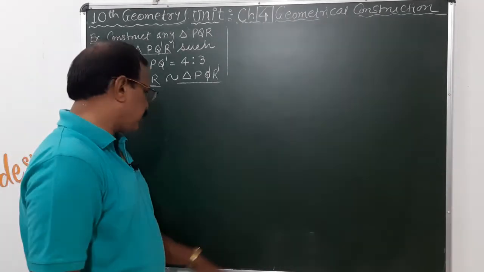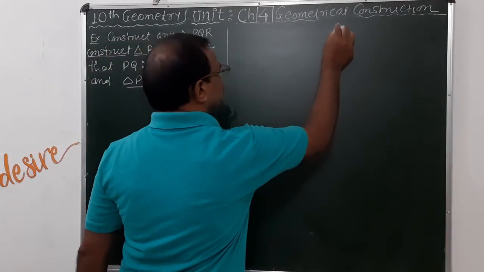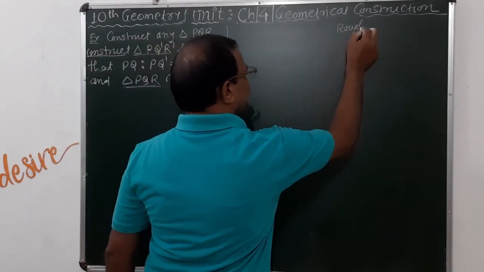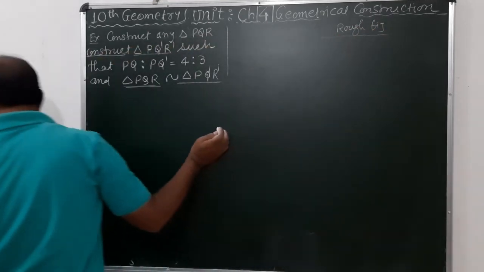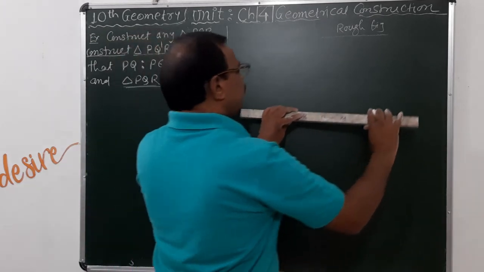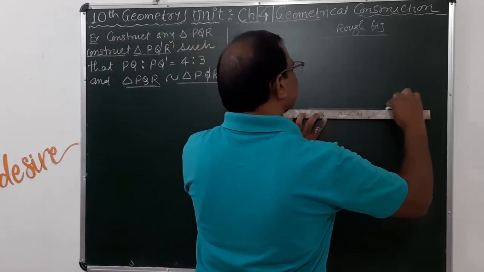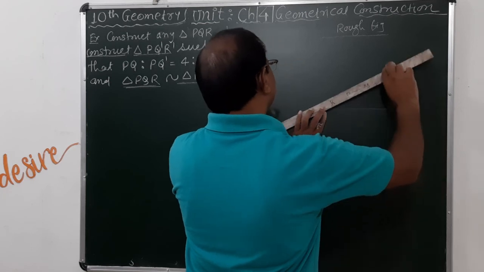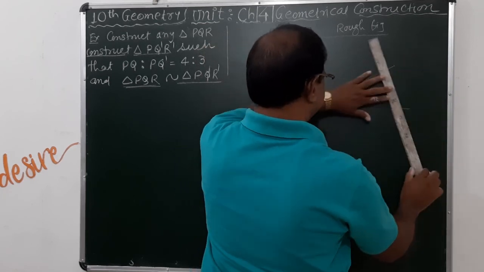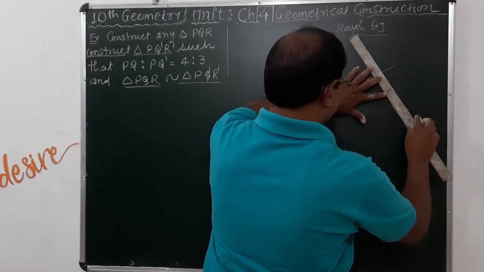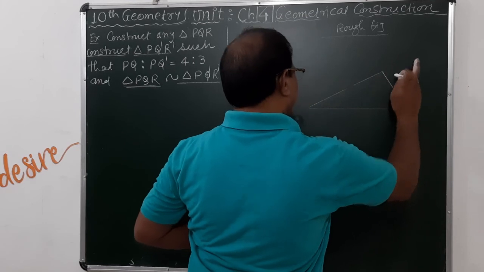Now if you want to draw the rough figure here, so what should be the rough figure here? So for the rough figure, consider this triangle here, and suppose this is a triangle PQR.